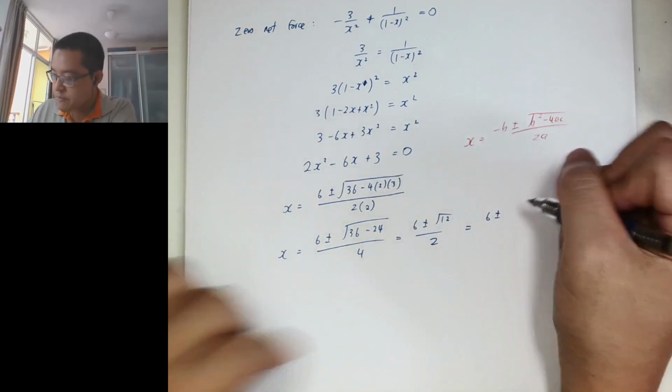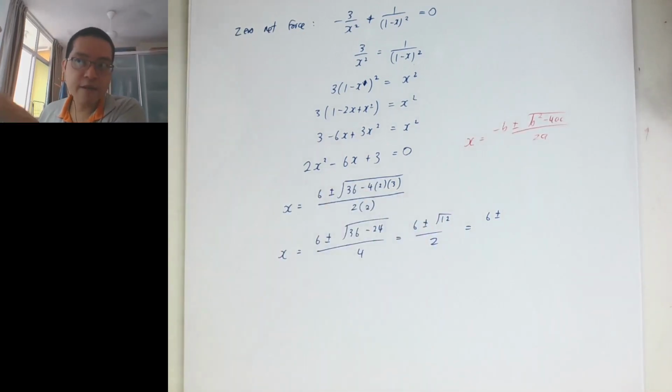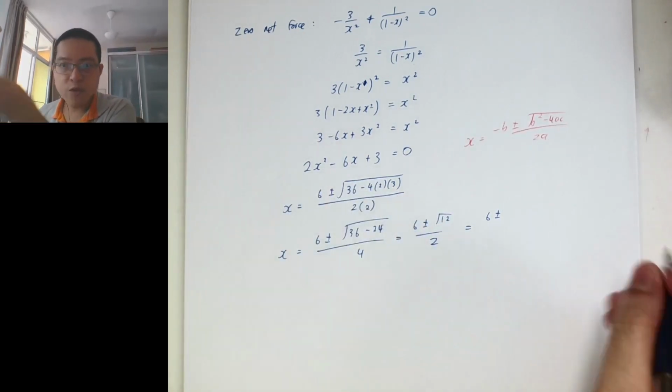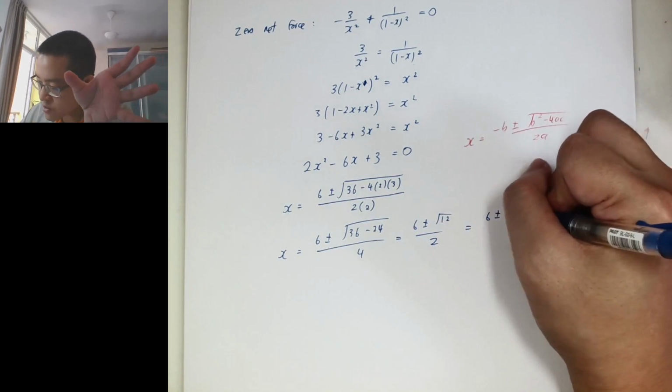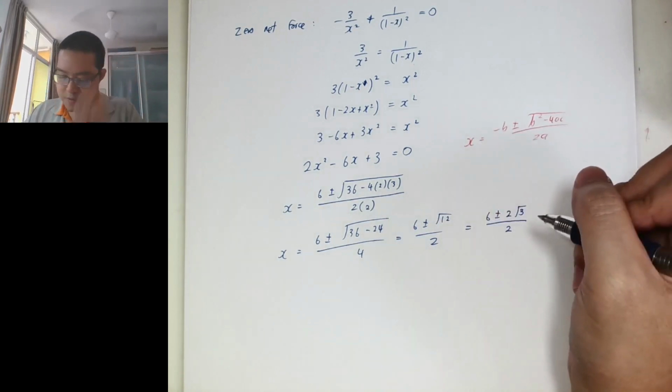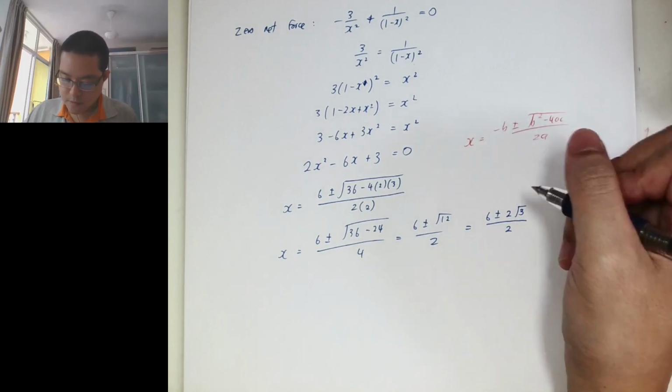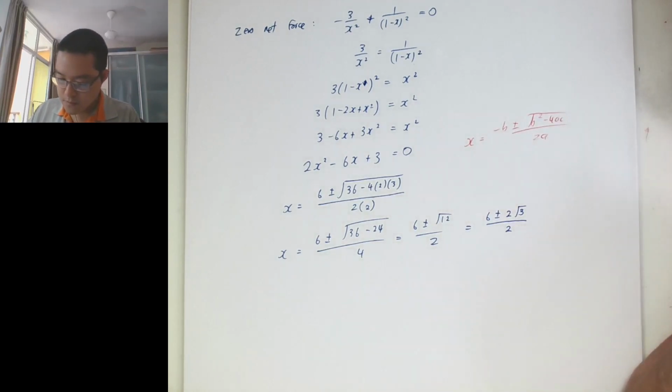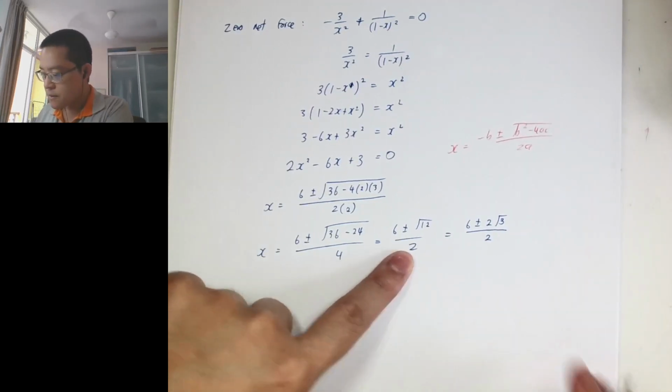And this one can simplify a bit. 12 is 4 times 3. The square root of 4, I can take it out. So the square root of 4 becomes 2, and then times the square root of 3, and then divided by 2. Wait, why change back to 2?